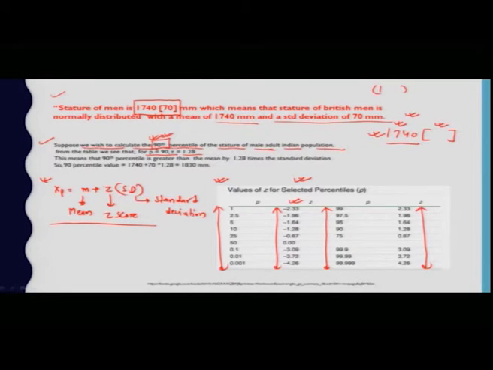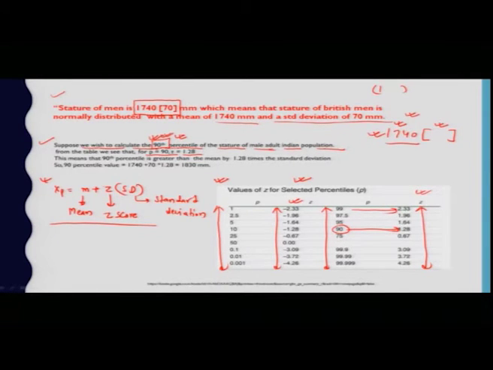Let us say if you are talking about the 99th percentile, its z score value will be 2.33. So, taking the values corresponding to this table, we can evaluate from this. We require the 90th percentile value. Corresponding to the 90th percentile, the value of z score is 1.28.